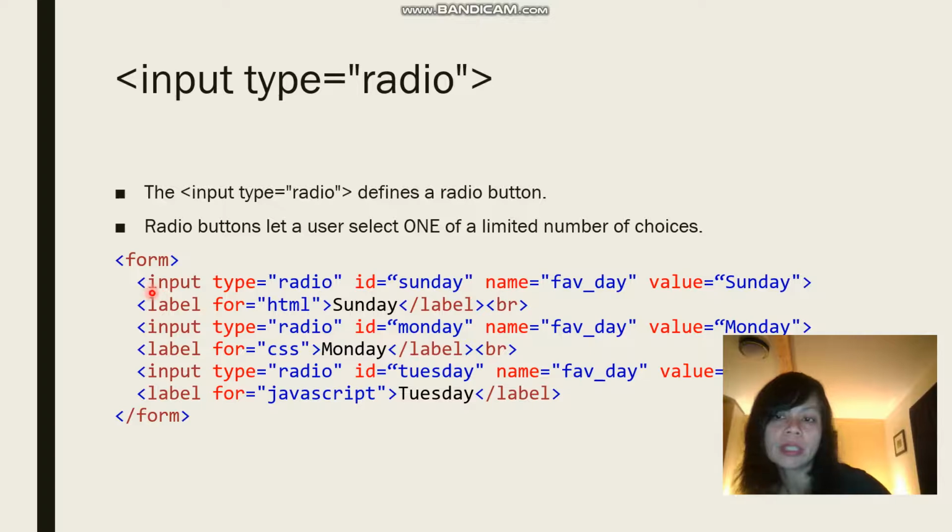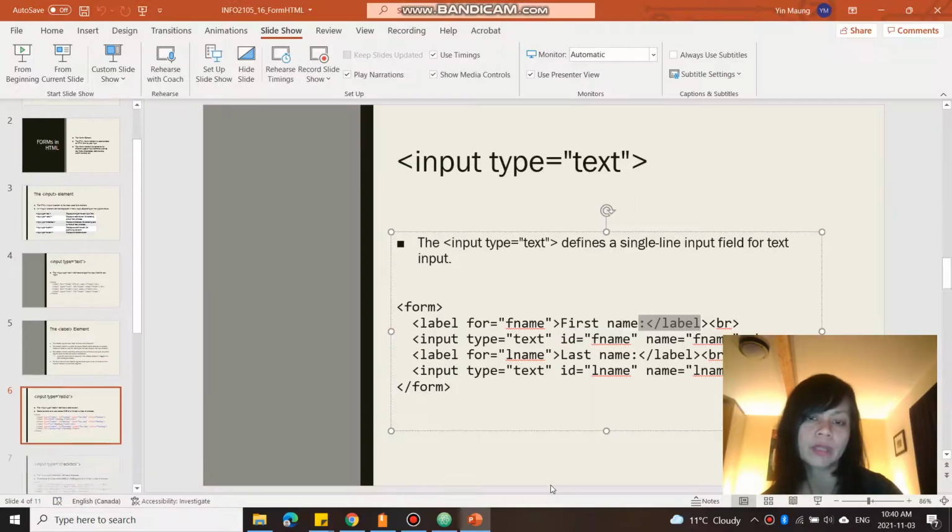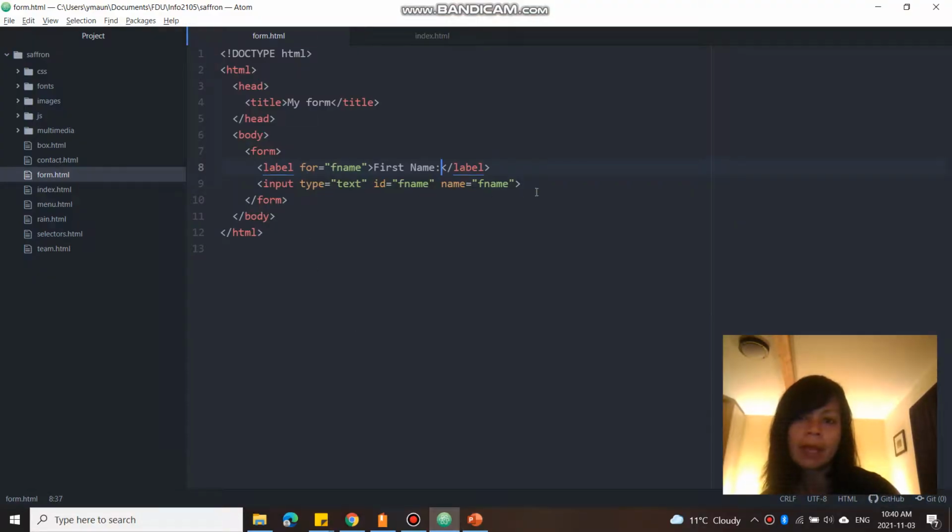The first thing we're going to do is the input. The input is going to have type, ID, name, and value. Again, that's type, ID, name, and value. So I'm going to end the show here, and let's create our first radio button.